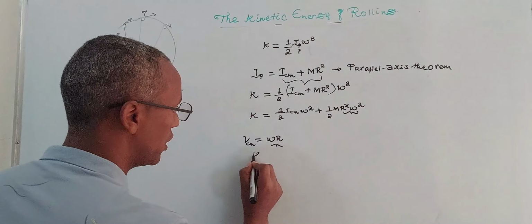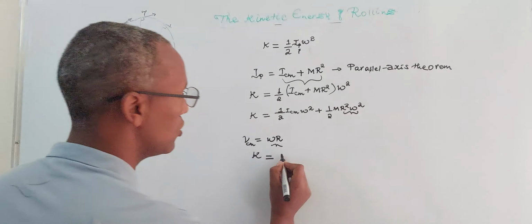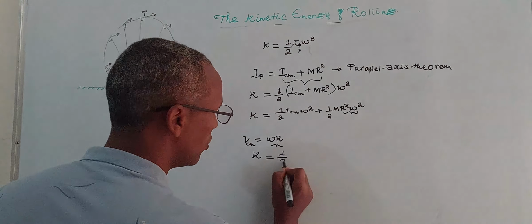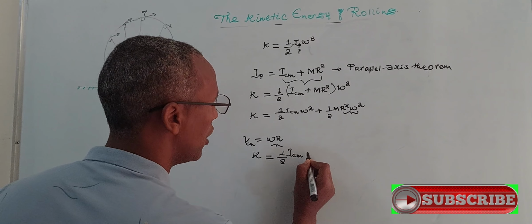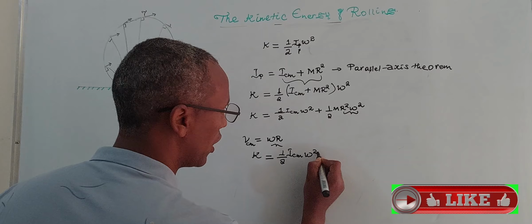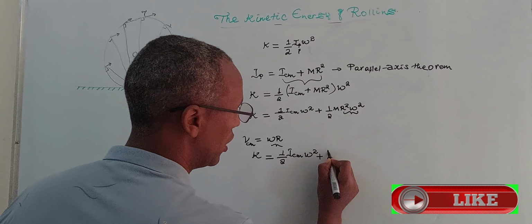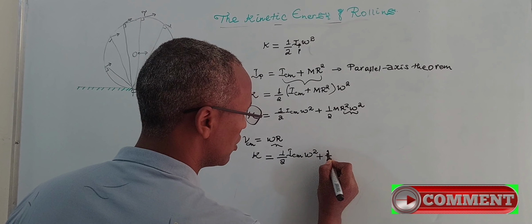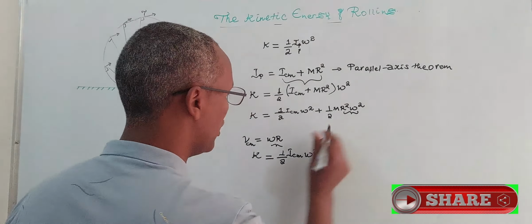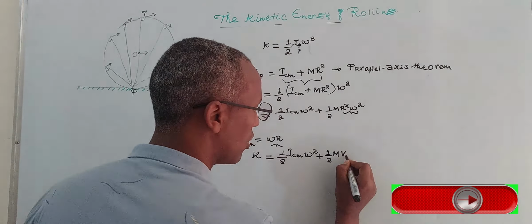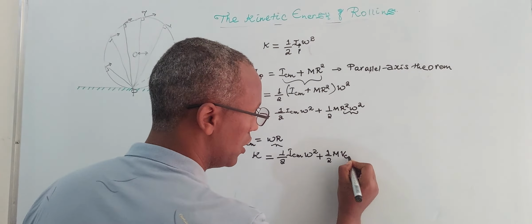Now you will get kinetic energy equal to 1/2 times the central moment of inertia multiplied with angular speed squared, plus 1/2 multiplied with the mass and then the linear speed squared.